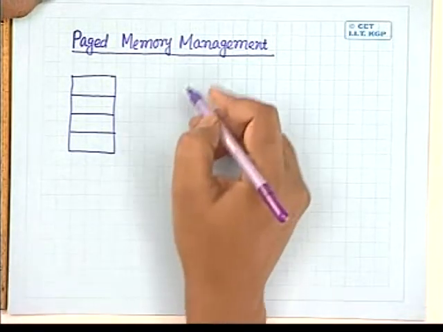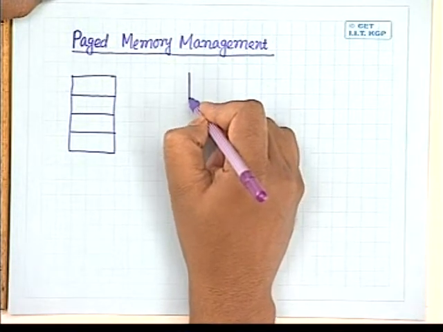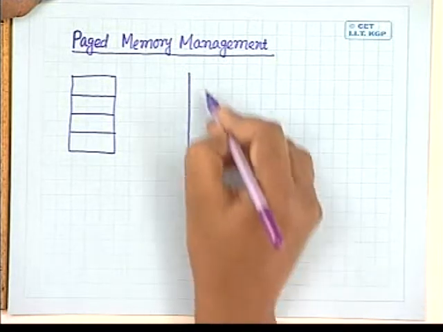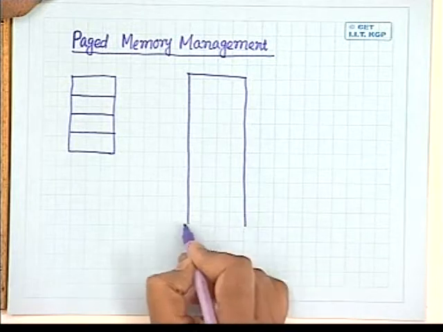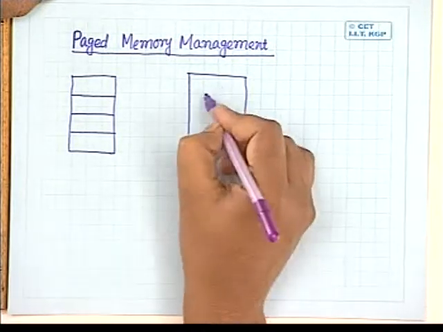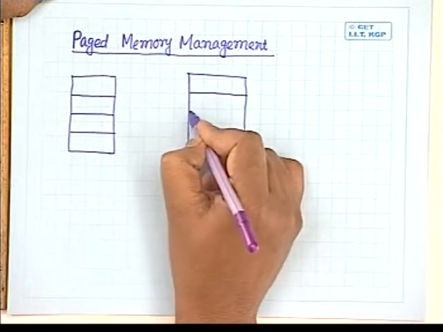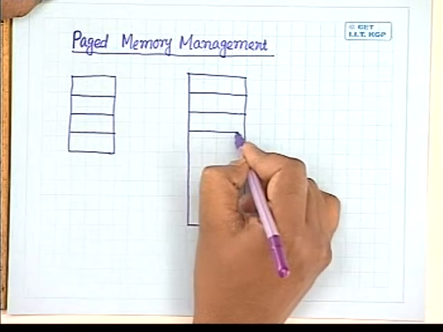Okay, and I have this main memory. The main memory is divided into a number of frames where the frame size is the same as the page size.